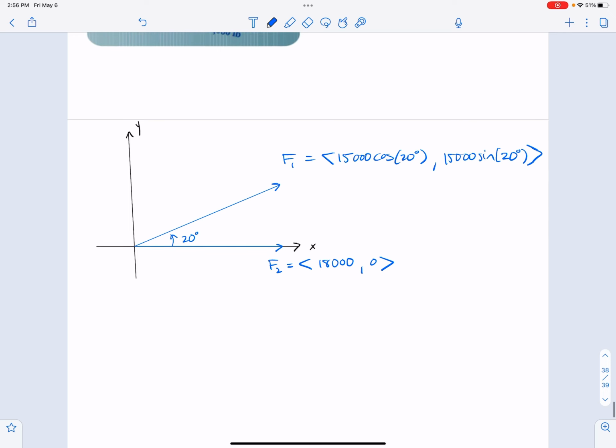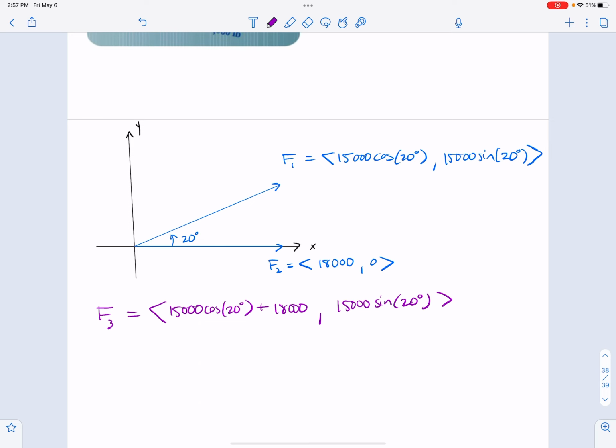Okay, this will allow me to think about just adding the two components together to find the resultant force. So the resultant force, which I'll call F3, would be 15,000 cosine of 20 degrees plus 18,000, comma, 15,000 times sine of 20 degrees.